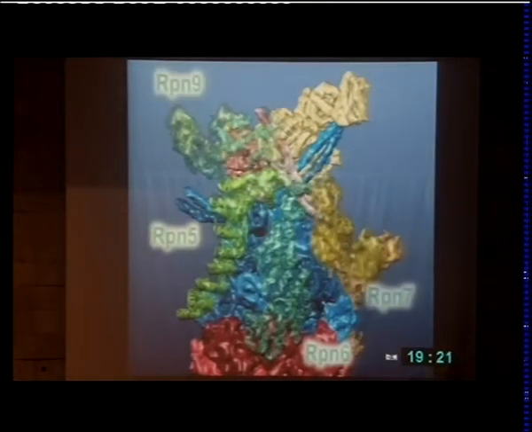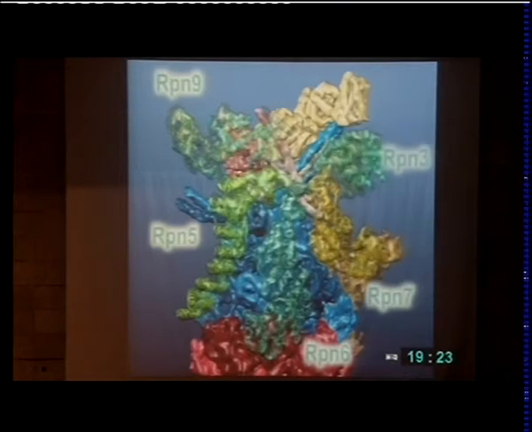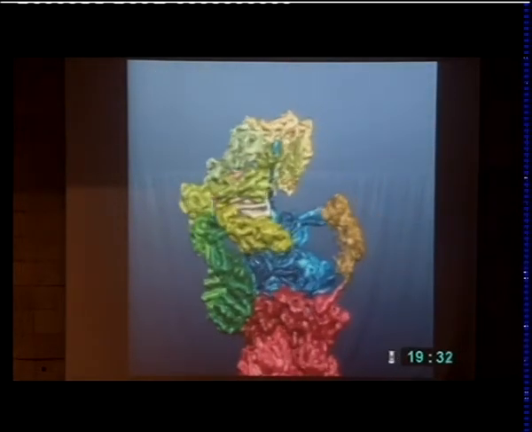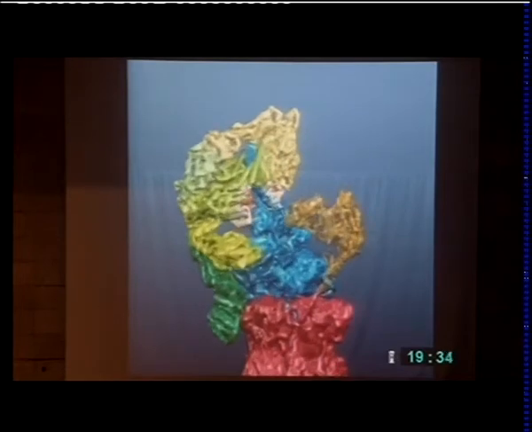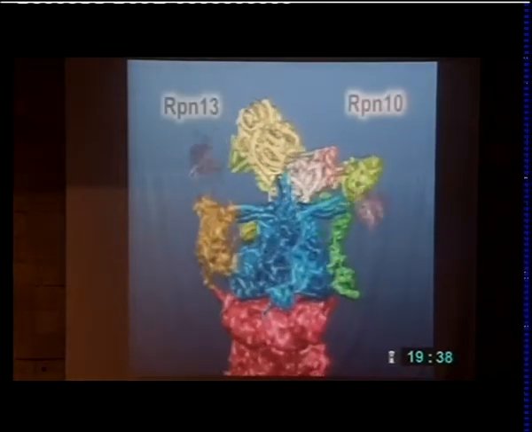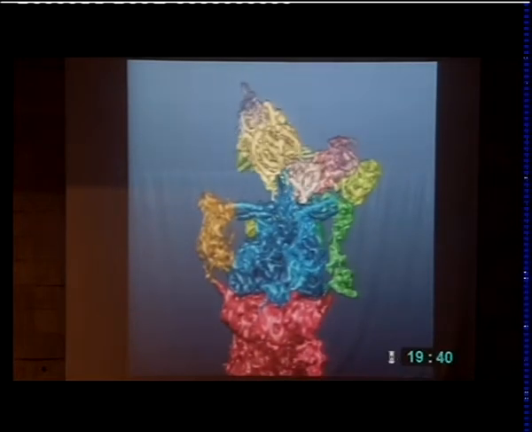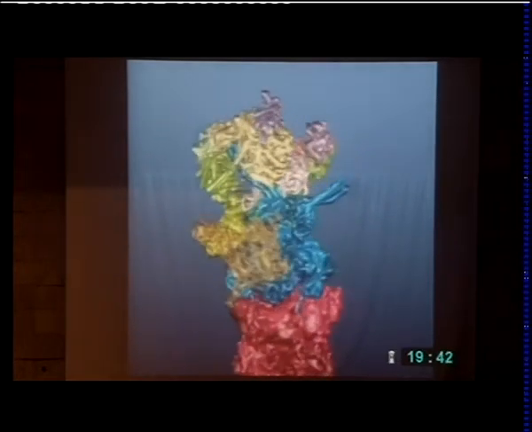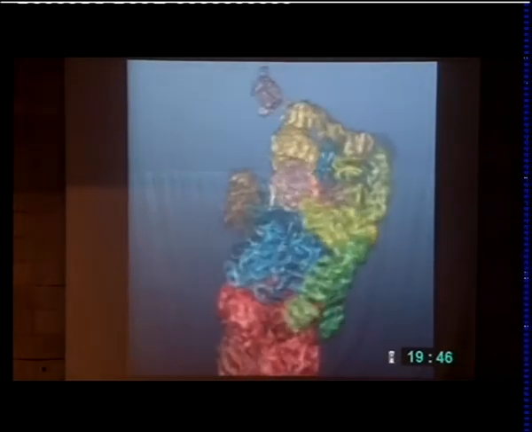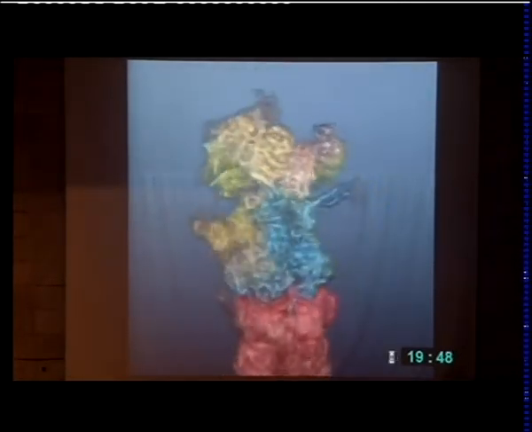They have an extension which inserts into a very large alpha helical bundle here, and that alpha helical bundle enables what was formerly called the lid, and which embraces the MPN domain subunits, to move collectively, as you will see in a minute. And finally, in come the two ubiquitin receptors, which I guess were added relatively late in the evolution of the complex, so they are at the far end of the whole thing.